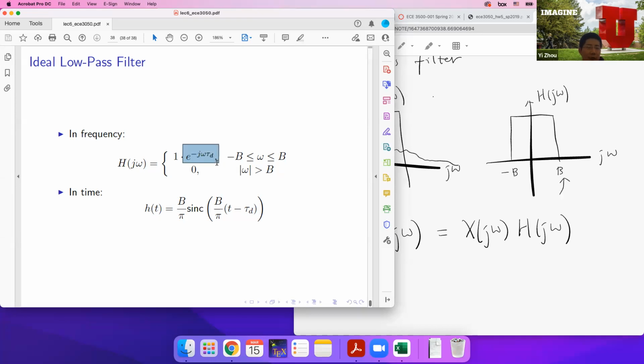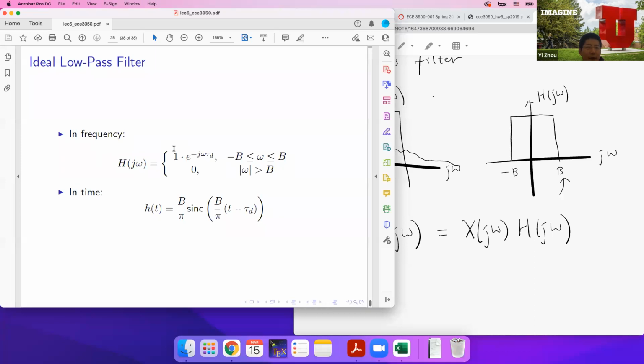And because of this modulation factor in the frequency domain, by the time shifting property, a shift in the time domain will lead to such a phase shift in the frequency domain. So basically, when you do an inverse transform, this phase shift factor will induce a time shift factor in the time domain.